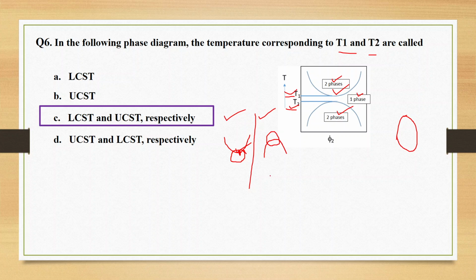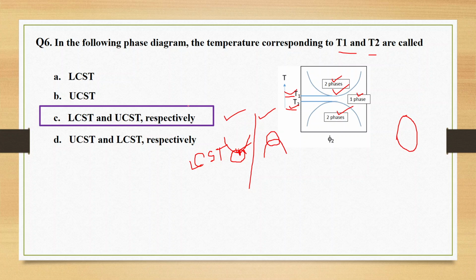Simple. So this will be LCST. Just remember the name: it stands for lower critical solution temperature. That means whichever resides at the lower part of your phase diagram is your LCST.